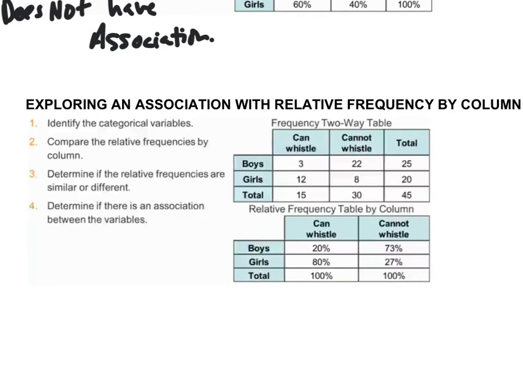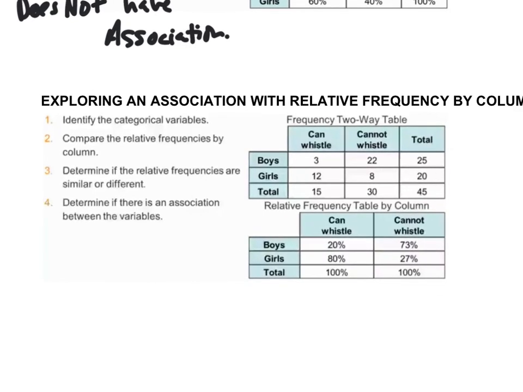And we're comparing the same idea. Now, what we want to identify here is looking at the relative frequencies by the column. First, what I notice is that we have can whistle 100%, cannot whistle out of 100%. Boys, 20% can whistle versus 80% of girls that can. Here it says that 73% of boys cannot whistle versus girls, which is 27%.